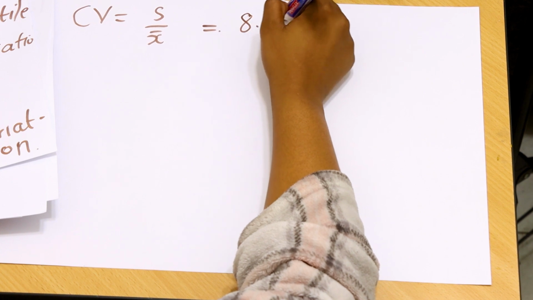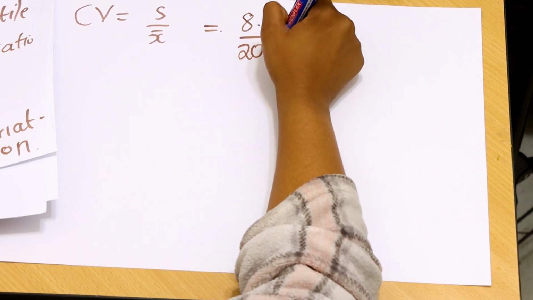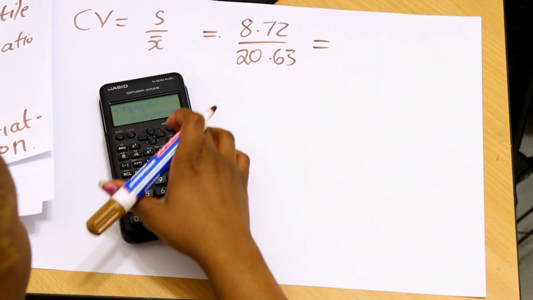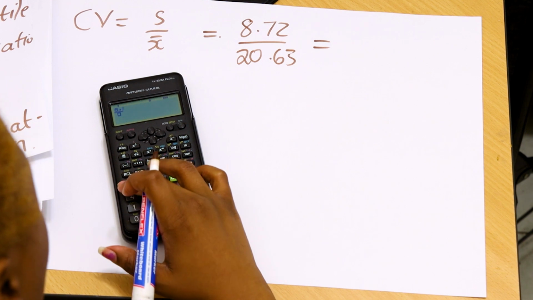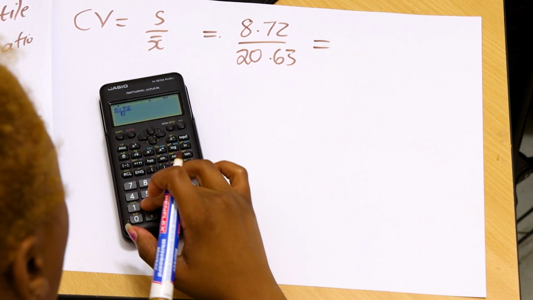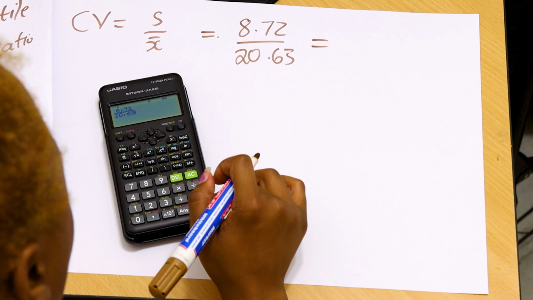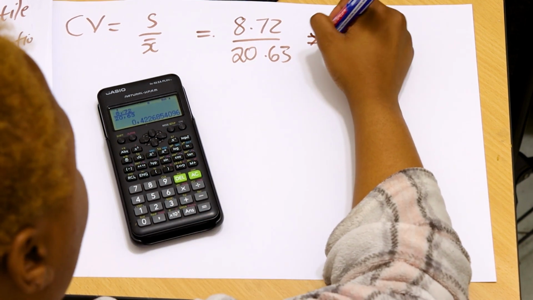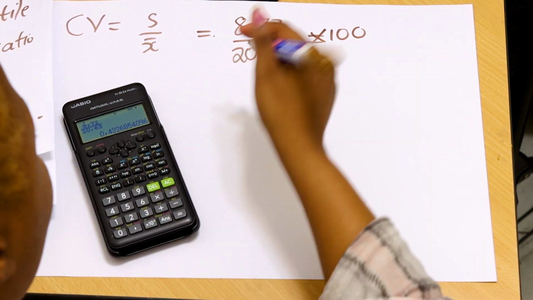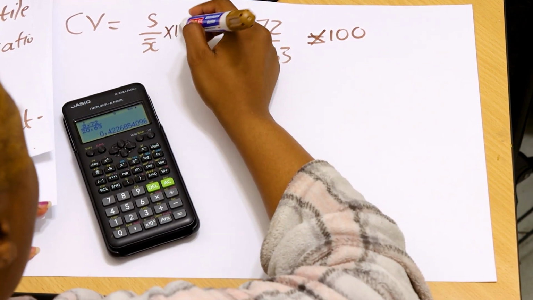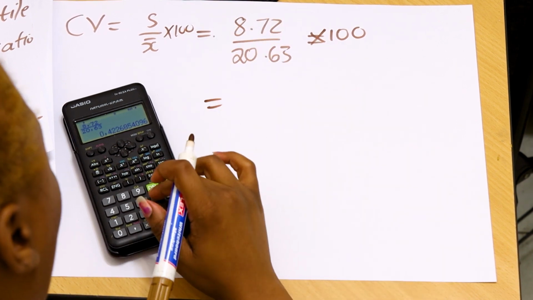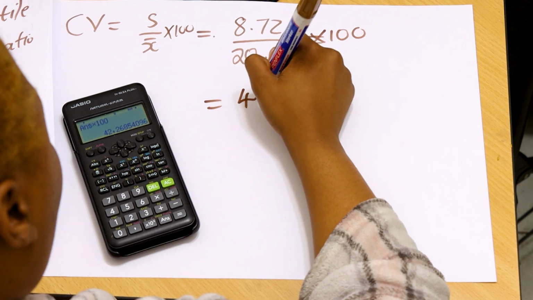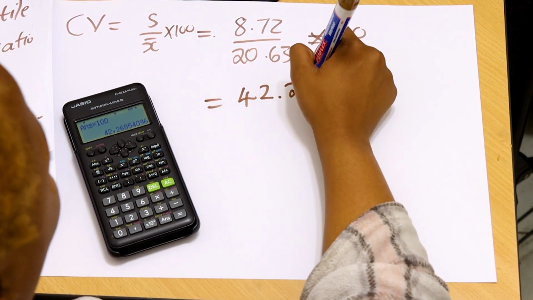So it's 8.72 divided by 20.63, multiplied by 100 because it's in percentage. It's 42.27%.